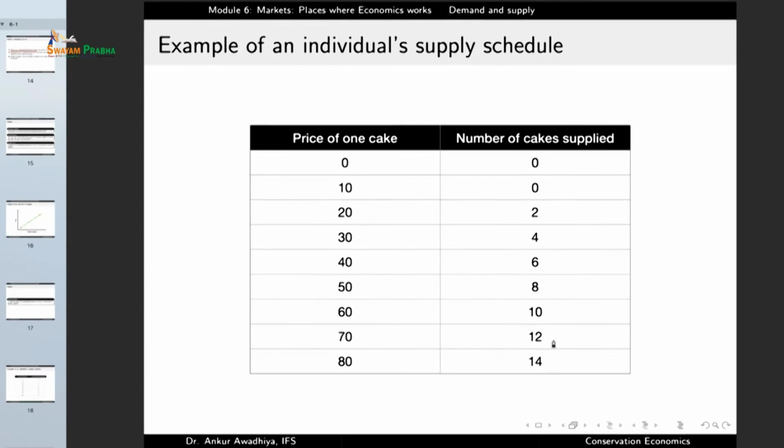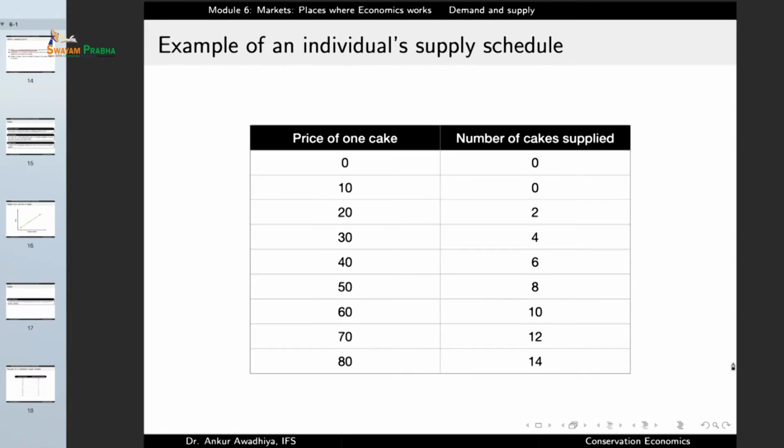Now, here again, if the cost of making a cake is 10 rupees, then at a price that is greater than the cost of manufacturing, say at 80 rupees, the number of cakes that are supplied by the seller will not be infinite because there is an opportunity cost involved.